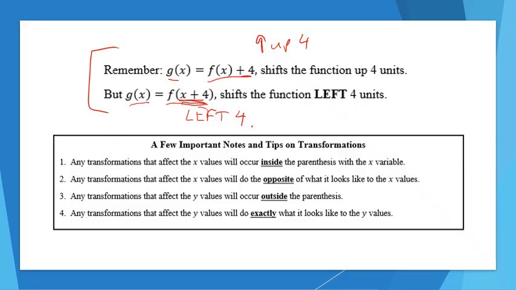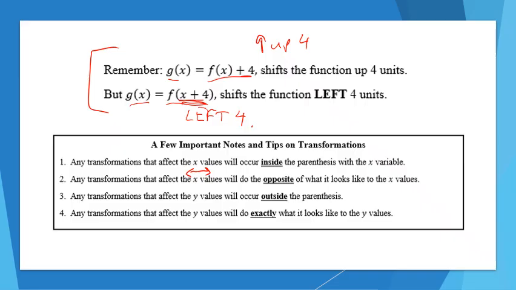Very important there. And then basically any function that will affect the x values, right, or affect the graph horizontally, either stretching it out, which we'll get to later, or moving it just left and right, which is what we'll basically cover today, will happen on the inside of the parentheses and will do the opposite of what it looks like it should do. So think about that.